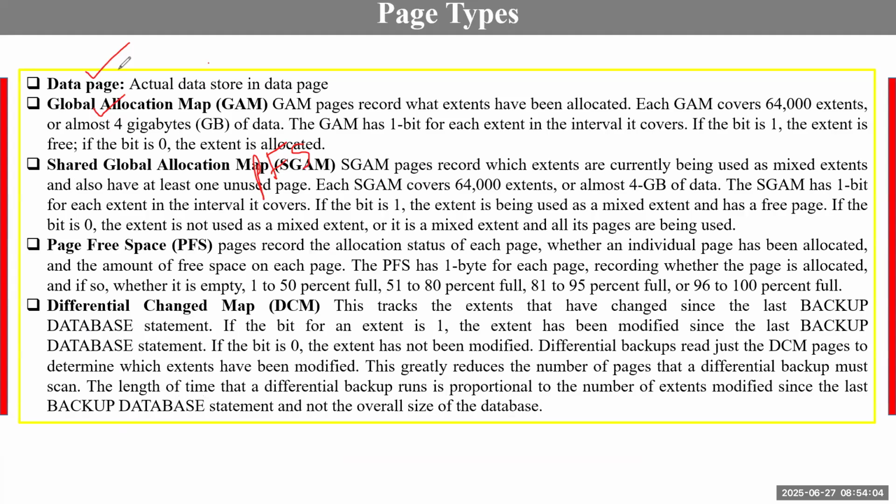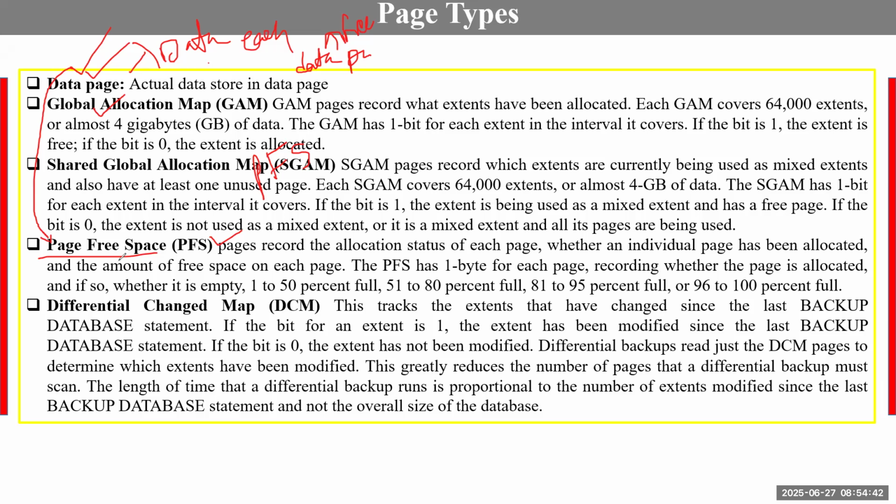First page will go for the PFS page. Page free space means what it is doing. How much free space is available in every database, that page information will be stored in the PFS page. Of course, the database is storing the free space information.